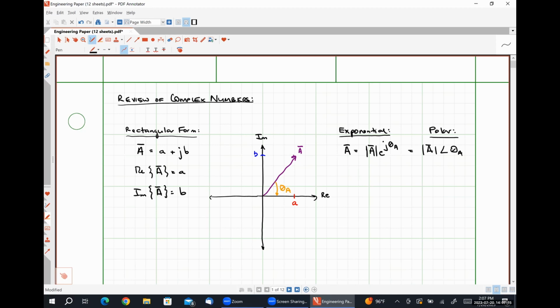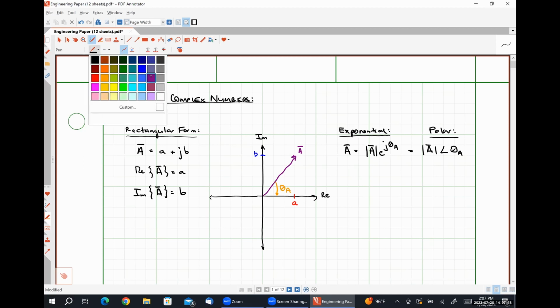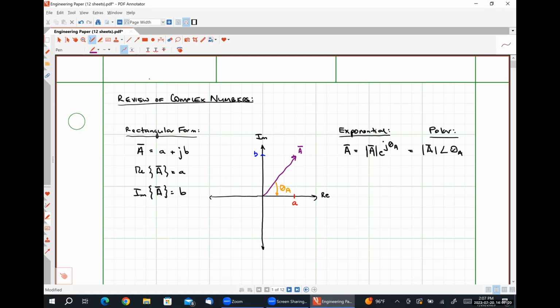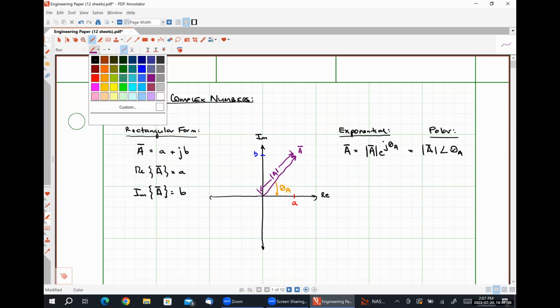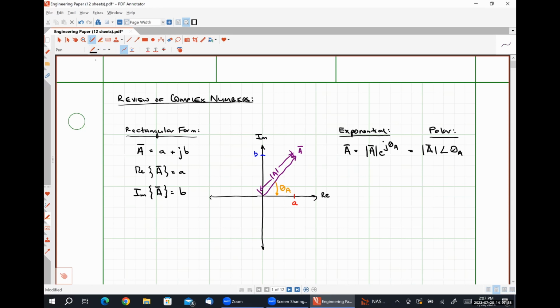Let me just clarify something really quickly here. The magnitude of A is simply the length of this vector. We can use simple trig identities and relationships that we've learned in significantly lower level math classes in order to figure out how the rectangular form and the exponential and polar forms are related to each other.